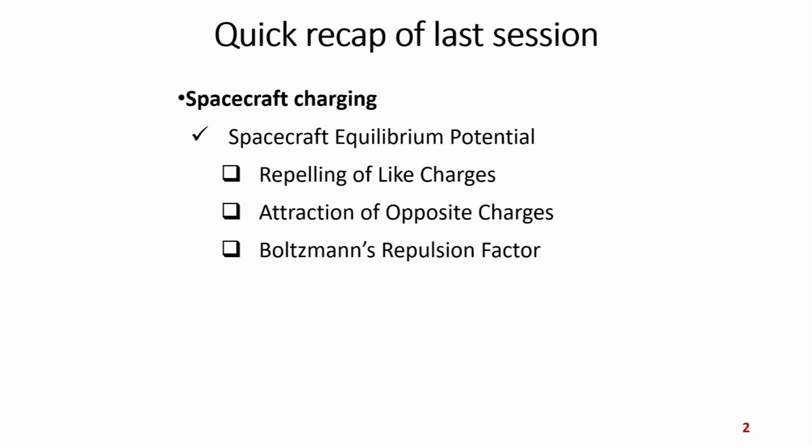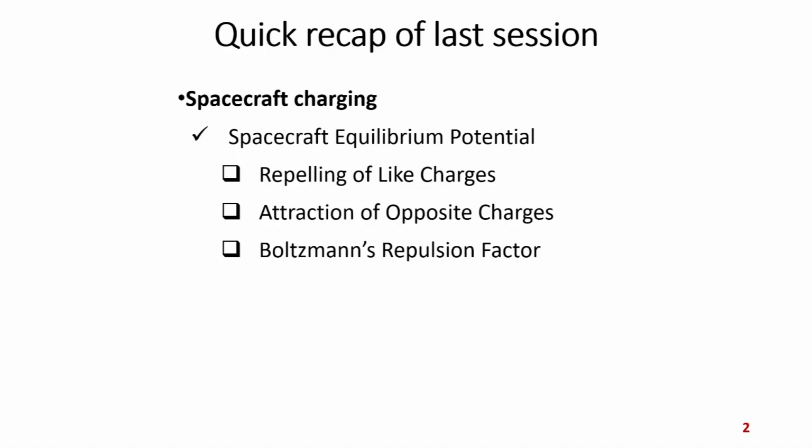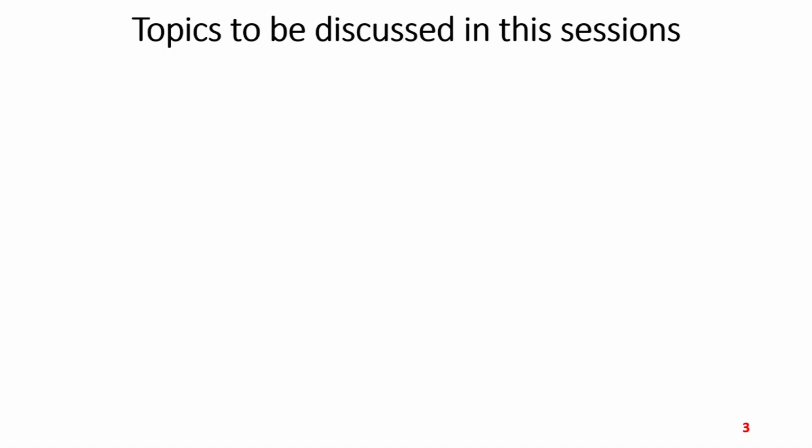Whenever the ions are attracted, they attain energy. So whatever energy distribution was there in the neutral plasma gets shifted, and that is given by the Boltzmann repulsion factor. We discussed all those topics.